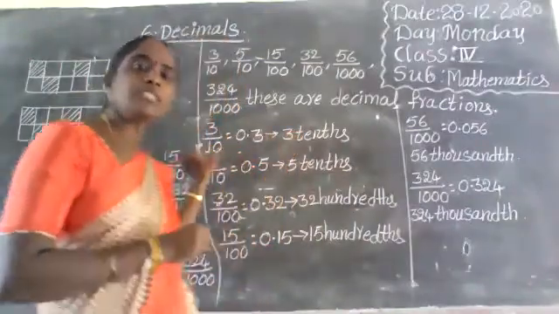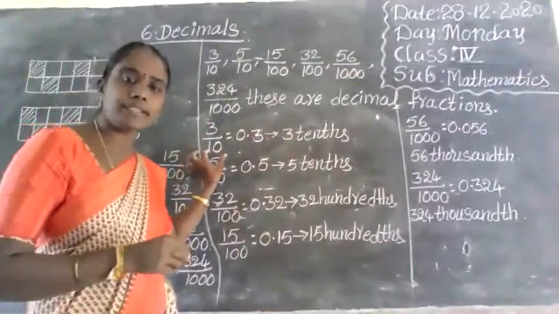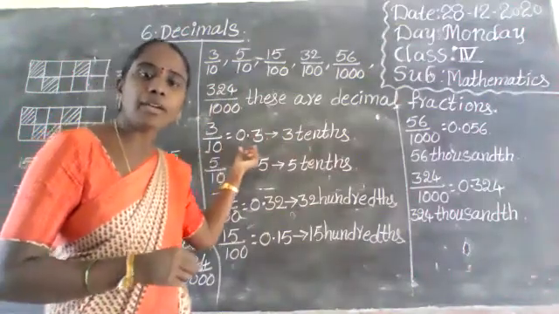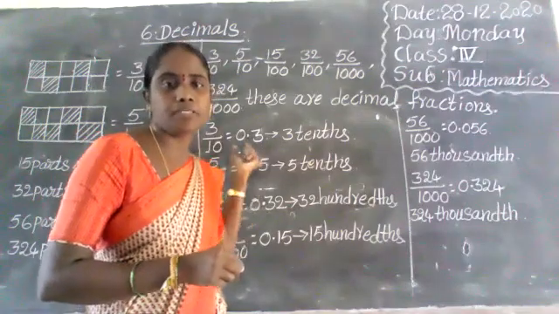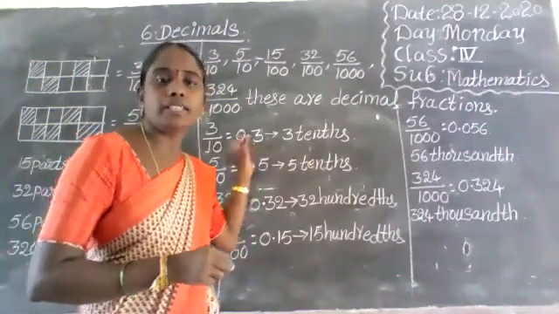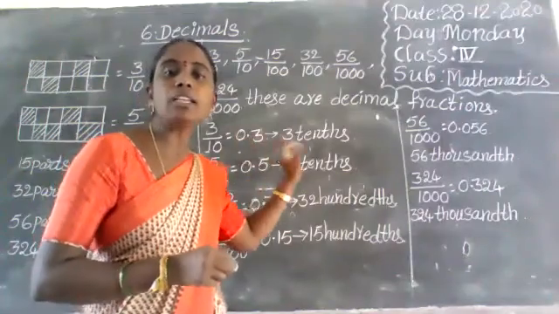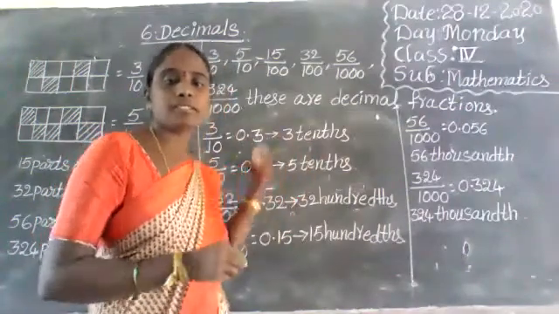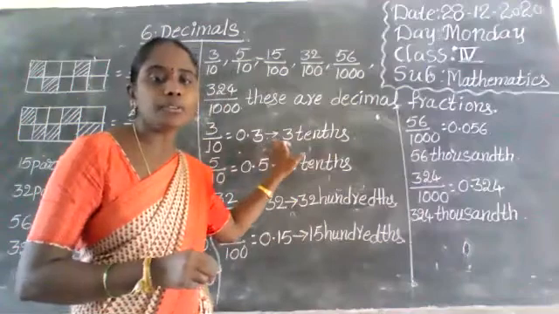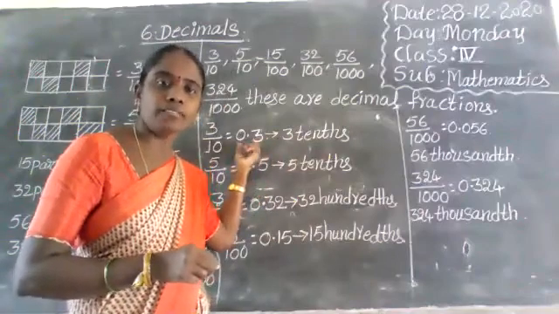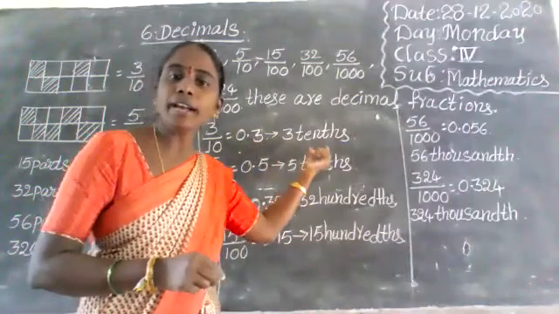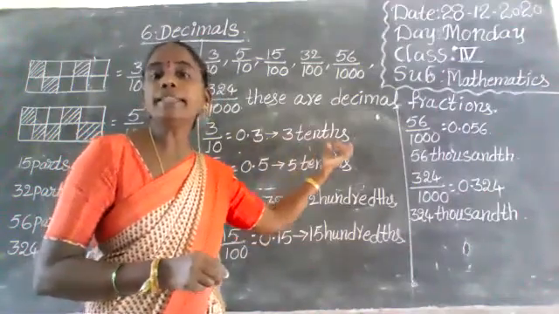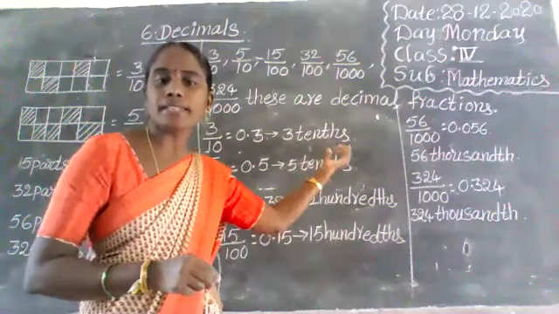Now this decimal fraction 3 by 10, here we have to write in decimal form: 0 decimal point 3. This point is called the decimal point. We have to write 0.3, and we read it as 0.3. Next, in number name, 3 tenths.